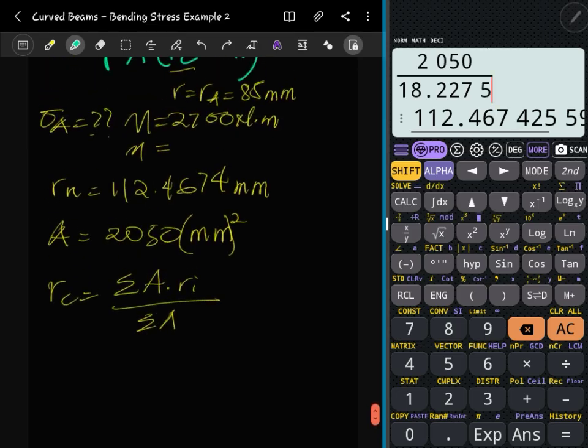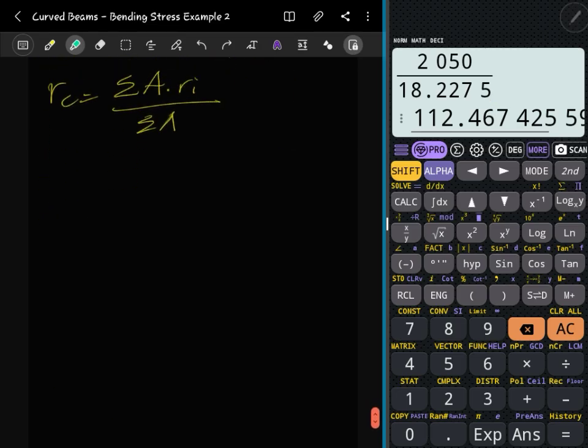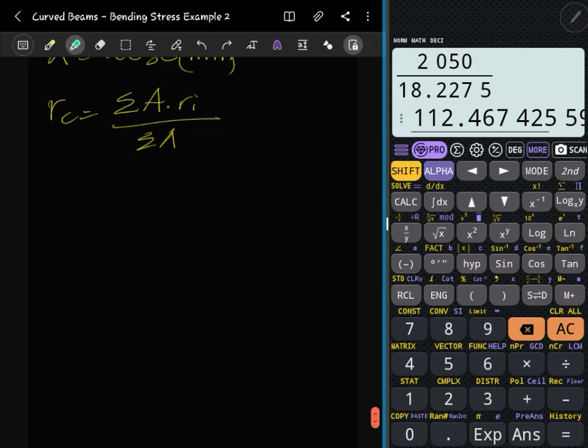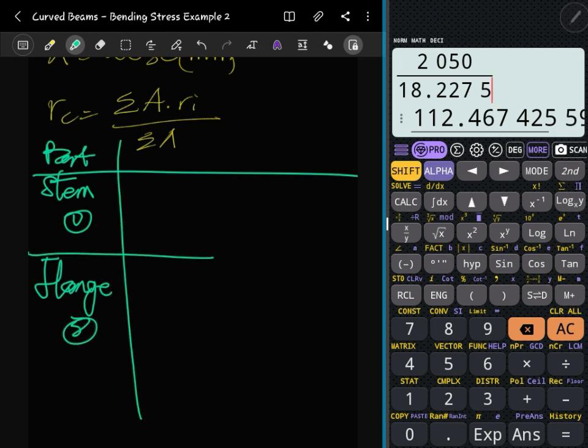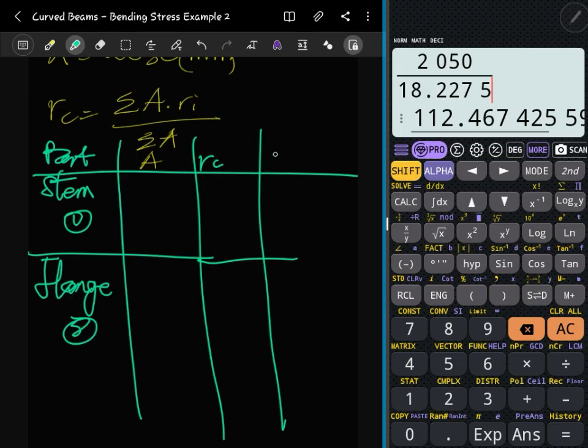So if I have a flange, stem, which is part 1, and our flange, which is the 2, all I need is their area, and then I need their individual radius, and I need a product of them as well.